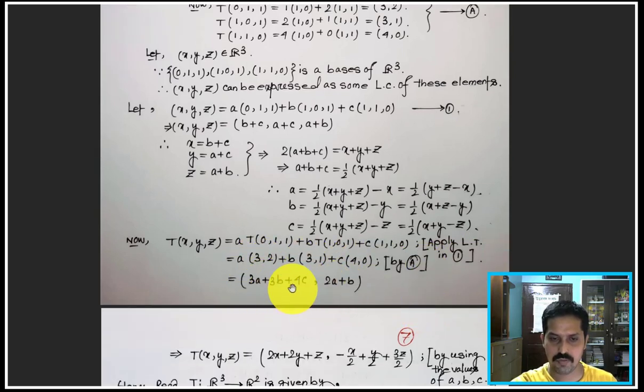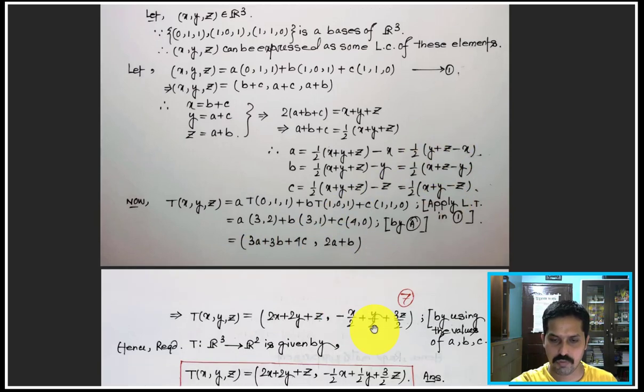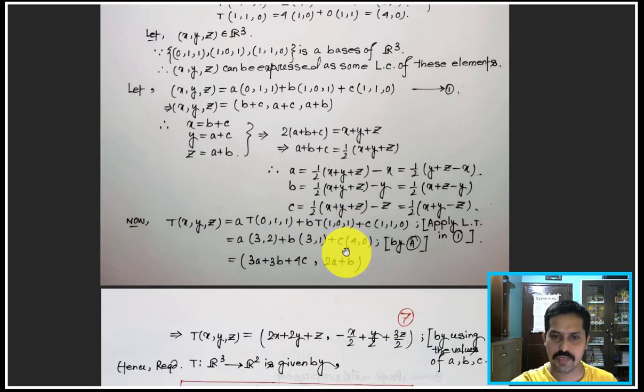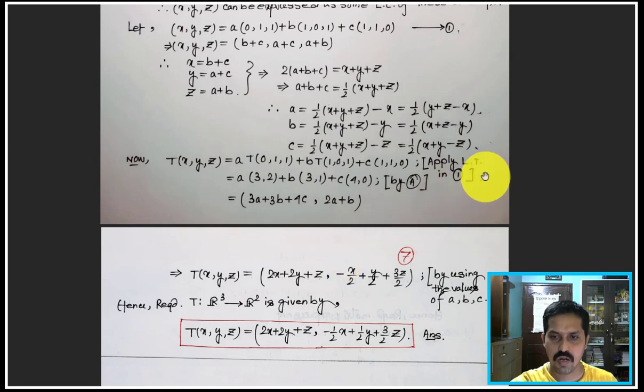Then you have to put the values of a, b, c from here into this part, and you will get this result. Do this on your rough page and put the values here, because the problem is quite lengthy. So the result is T(x,y,z) equals (2x plus 2y plus z, minus x/2 plus y/2 plus 3z/2), by putting the values of a, b, c from these relations.